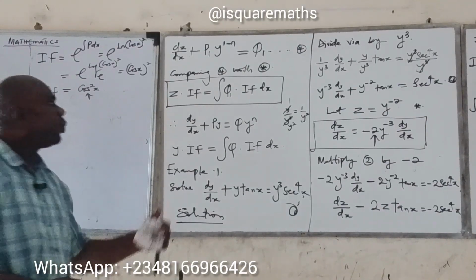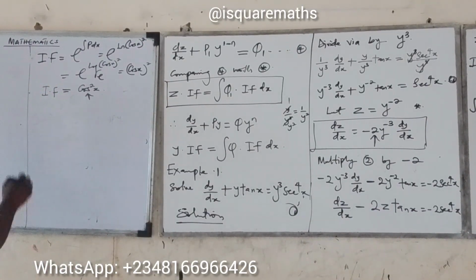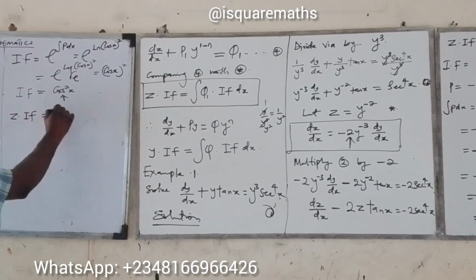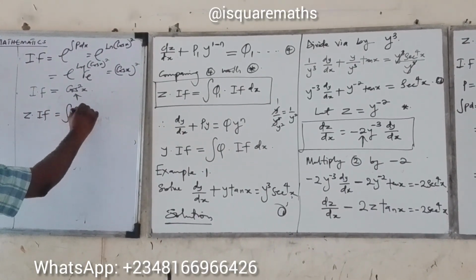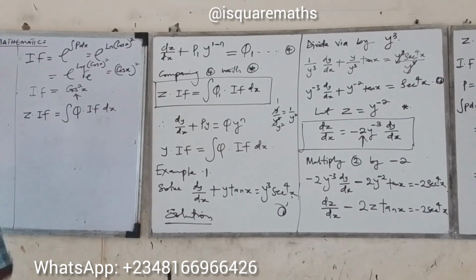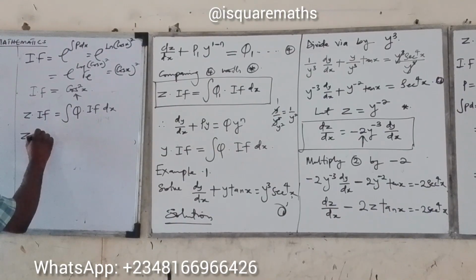So coming back to the equation, remember we said z times the integrating factor is equal to the integral of q times the integrating factor dx. The integrating factor is cos squared x.